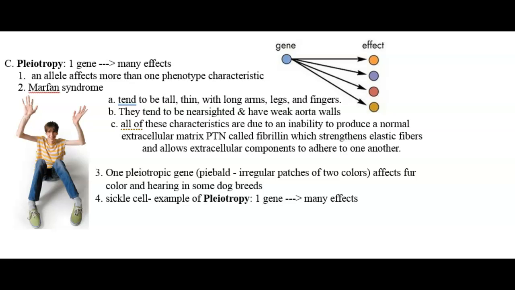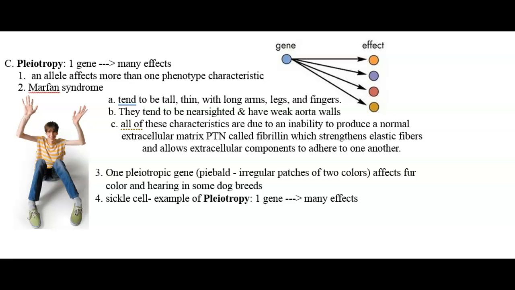So one problem, one allele affected all those things. Another example of a pleiotropic gene, piebald. Irregular patches of two colors. It can affect your fur coloring and hearing in some dog breeds.